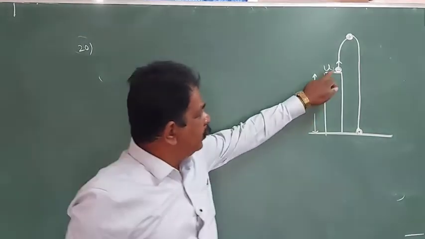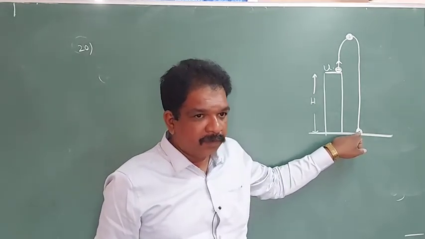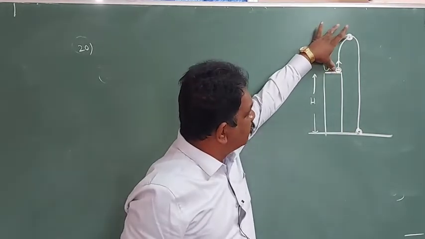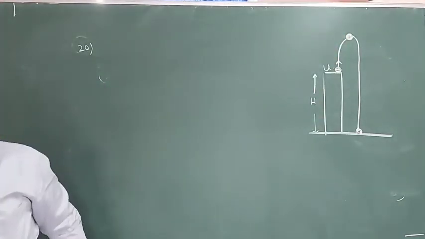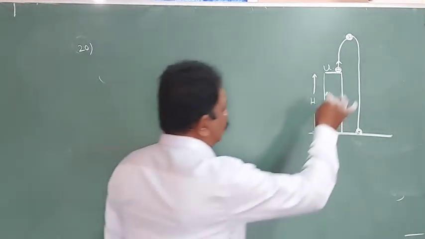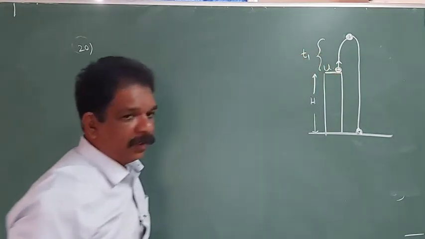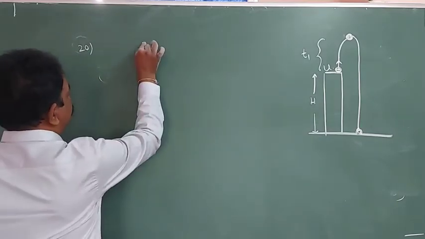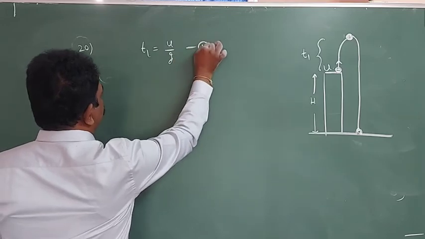When compared, how much time is it taking from here to here? That is n times of this time. So I am assuming here to here the body took t1 time. That is nothing but time of ascent. Time of ascent is equal to u by g.